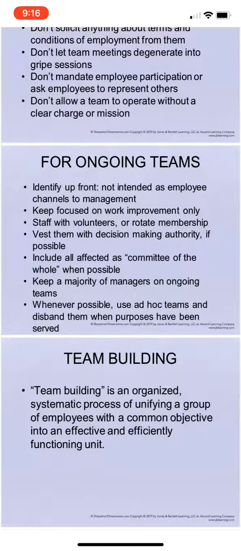Number 5, if an issue is sufficiently narrowly defined that all persons affected by it can be included in a single group, a committee of the whole, including everyone, is usually legally safe. In such an instance, nobody can be seen as representing anyone else. So include all affected as a committee of the whole when possible.